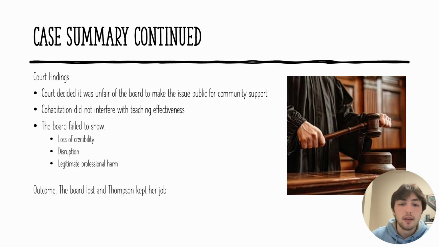And lastly, they found that the board failed to show any sort of evidence, such as loss of credibility from that teacher, any disruption towards the students or class, and overall any legitimate professional harm. So in the end, the board lost this case, and Thompson kept her job, which I believe was the right decision.